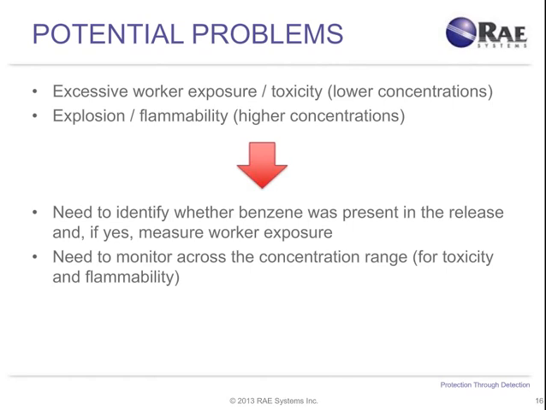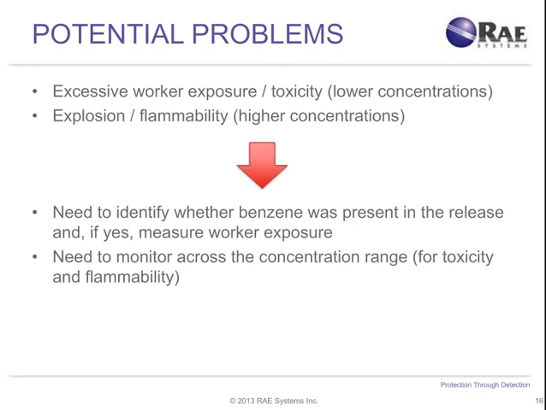It was scientifically and statistically linked to leukemia and other types of cancer, reproductive harm. So exposure to benzene is really something that industrial hygienists pay very, very close attention to. So excessive worker exposure is a problem. And then flammability. We saw that benzene is highly flammable. So you would potentially have to tackle these two issues.